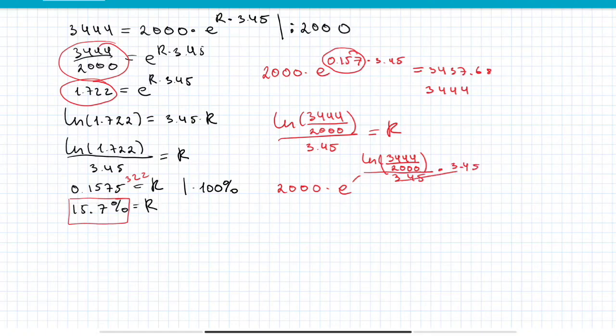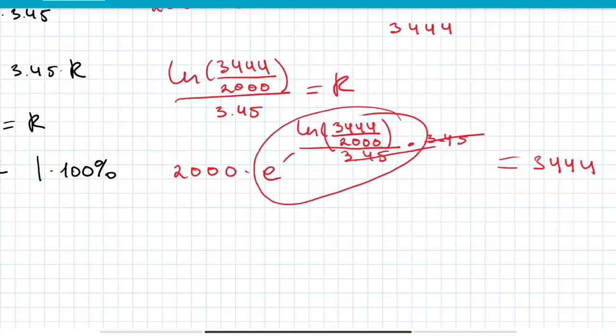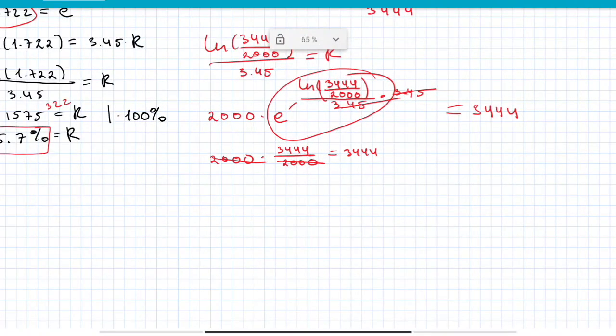So these two values will be simplified. The only thing you need, guys, is just to multiply all the other stuff. So you can see that with the properties of the natural logarithm, you can rewrite this just as 3,444 divided by 2,000. These two will be simplified. So if you want to be very, very precise, it's like that.